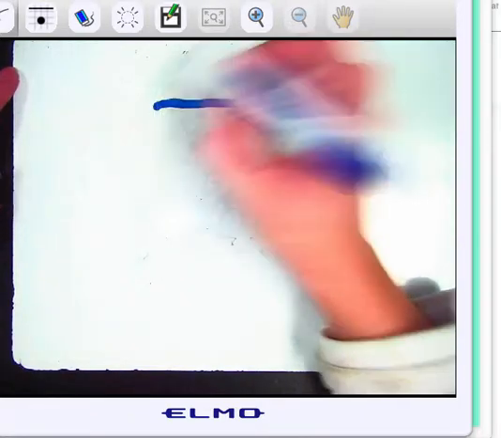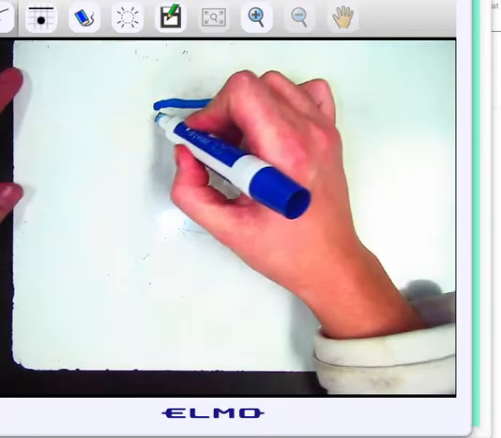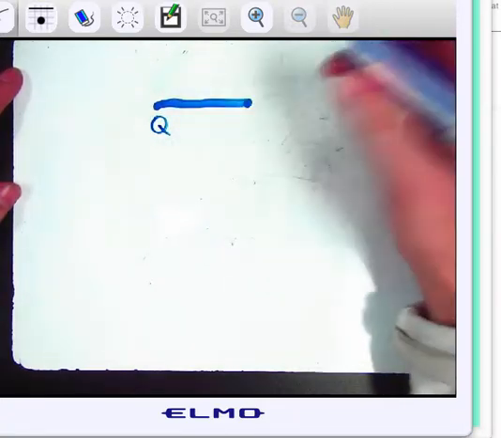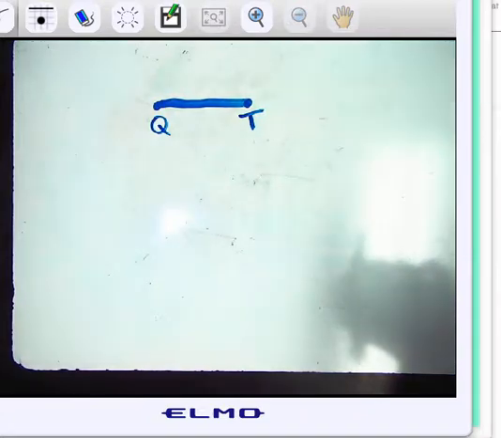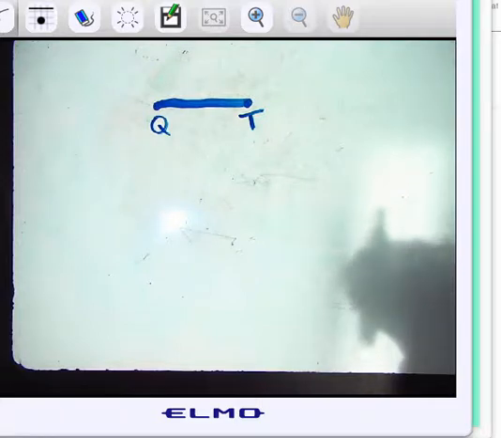You don't always see the endpoints, but usually they're there. And they have letters. I'm going to call this one Q, and we'll say this is endpoint T. And what I want to do is come up with a name for this segment. It has a name just like people have names. I'm Mrs. Gonzalez. I'm here with Mrs. MacPhail. We both have names. So I'm going to name this segment.